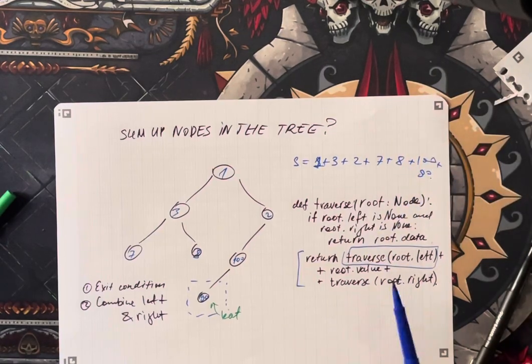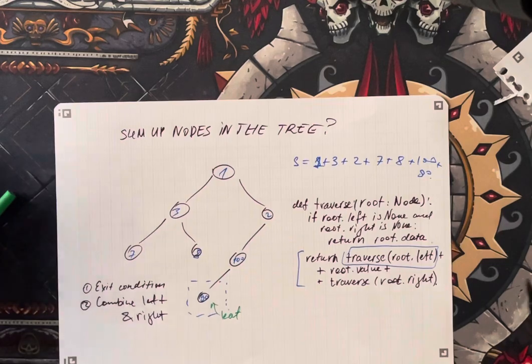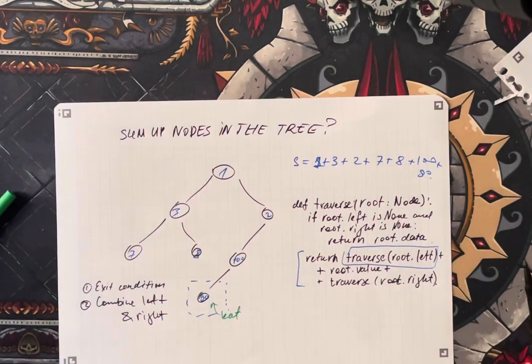So we first find out the sum of left, then we find out the sum of right, and then we sum everything up. So most of simple and even medium exercises on LeetCode for binary tree should be solved using these techniques. So let me know if you have any questions and let me know what you think.